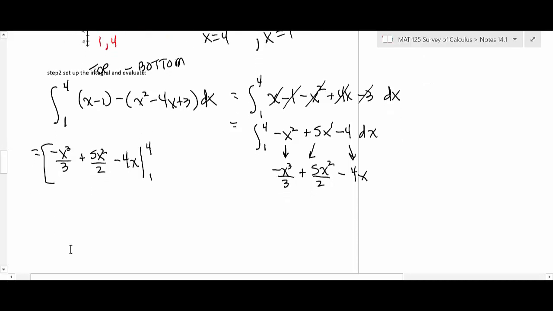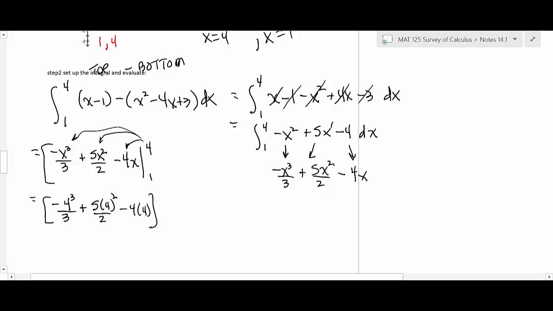Okay? So now we get into the arithmetic. If you got that part, usually students do well with this. That's from experience, but the arithmetic gets kind of heavy sometimes. So we plug the 4 into the antiderivative. We're going to have negative 4 to the third over 3 plus 5 times 4 to the second over 2 minus 4 times 4.